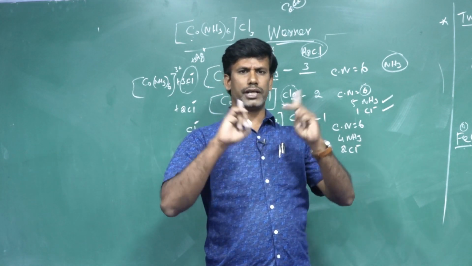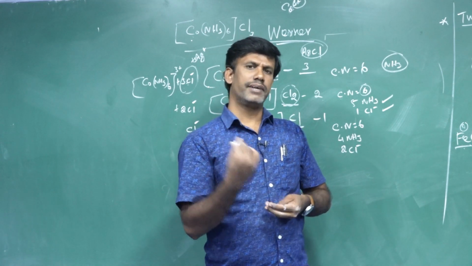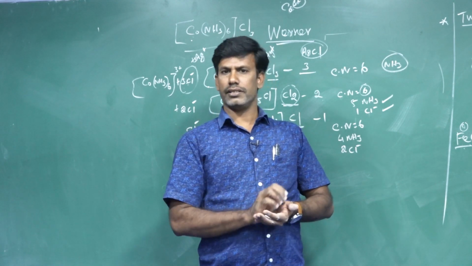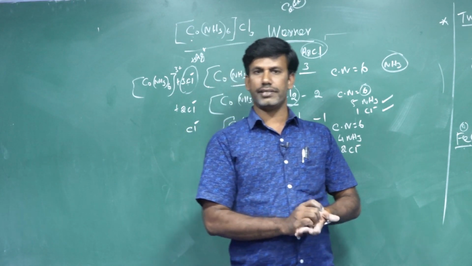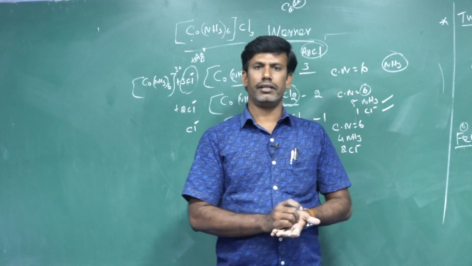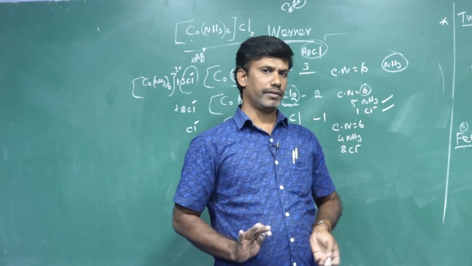It should be outside of the coordination sphere. It is satisfied only by negative ions. The primary valency is always positive, in some cases 0. That's all about the primary valency.